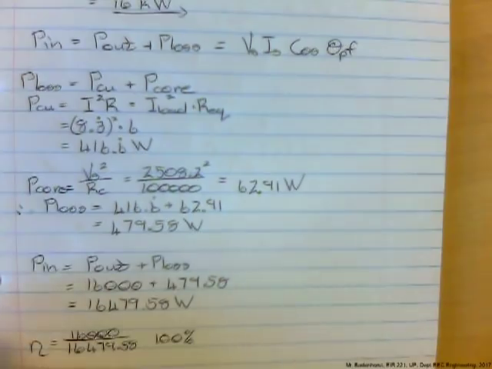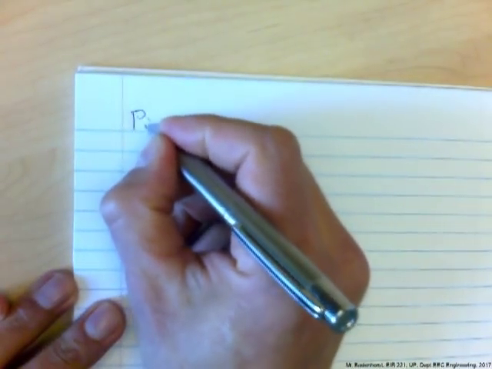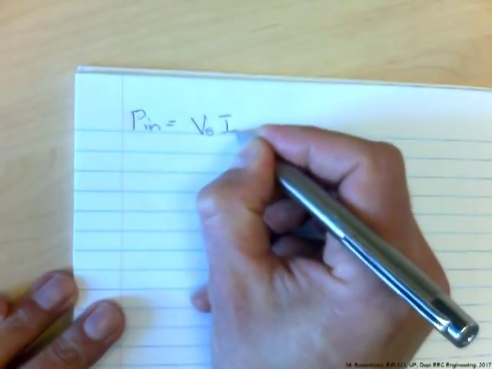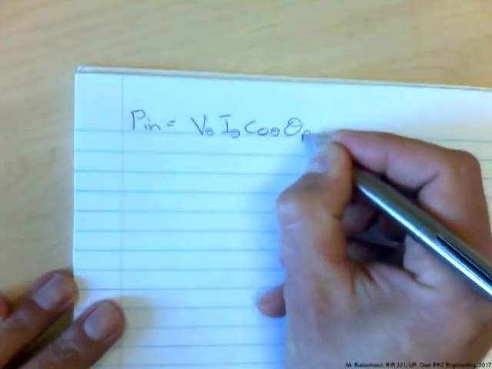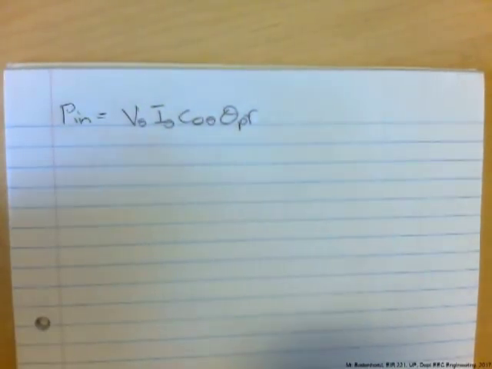Let's calculate the efficiency using P in that way. So we can also calculate P in equal to Vs Is cos theta power factor. Now, maybe I should already mention that you'll see that this way is definitely the longer route to take.